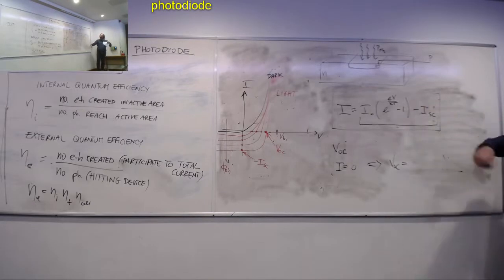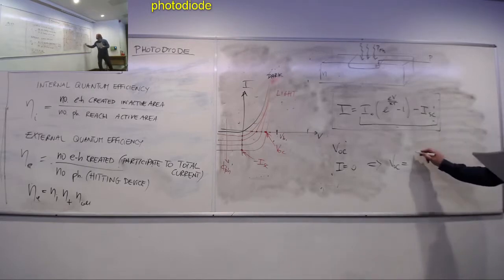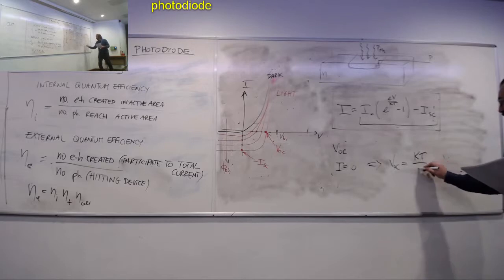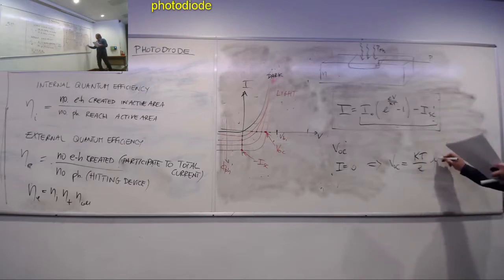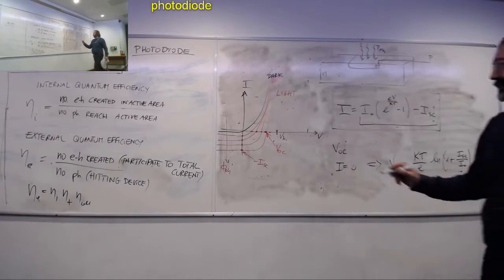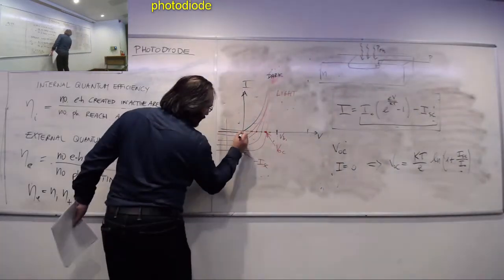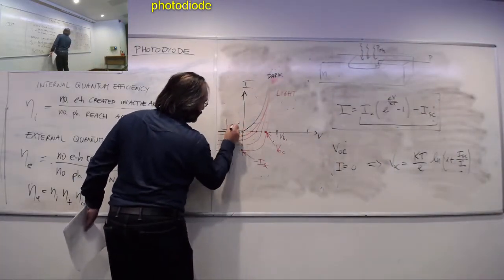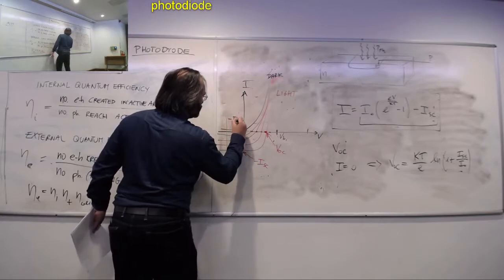And so if you reverse the equation, you get VOC equals kT over e ln of 1 plus ISC over I0. Remember that this quantity here is minus I0.